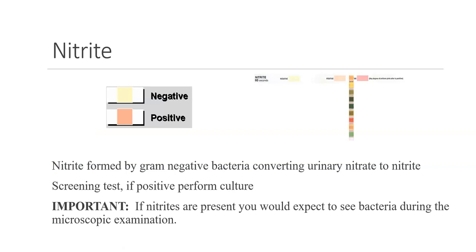Its qualitative test is either going to be negative or positive. Nitrites are formed by gram-negative bacteria converting the urinary nitrate to nitrite. It's a screening test, and if the nitrite test is positive, that indicates the need for a culture to be performed. Important, if nitrites are present, you would expect to see bacteria during the microscopic examination.